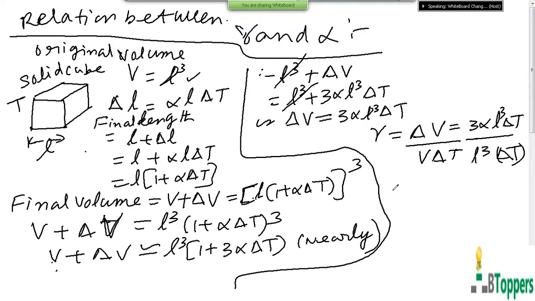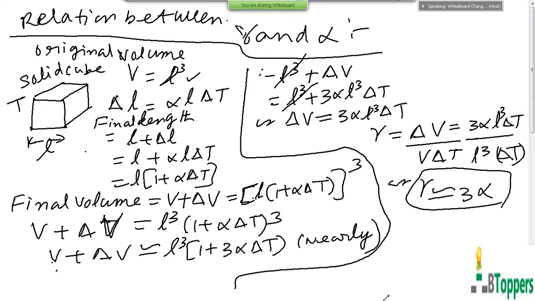So here delta T gets cancelled, L cube also gets cancelled. So gamma is nearly equal to 3 alpha. So the coefficient of volume expansion of the material of a solid can be taken to be 3 times the coefficient of linear expansion of the material of the solid.